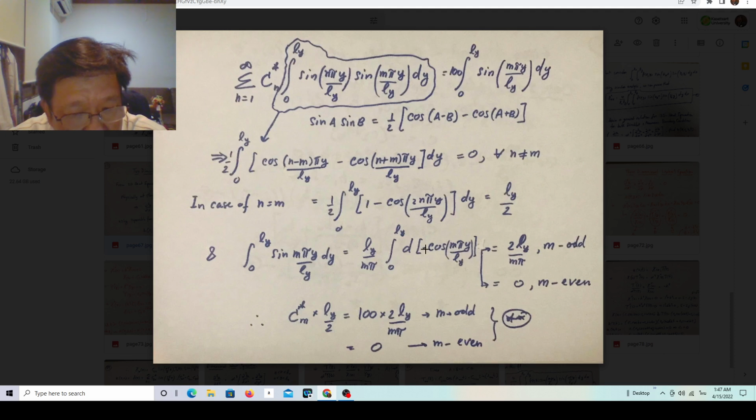Therefore, minus and minus become plus 1, so these two terms just add up to each other. Instead of canceling like when m is even, it becomes 2 times L sub y divided by m pi, because here you get 1 plus 1, while the other case gets 1 minus 1. Just look at this. It is not a difficult way to figure this out.